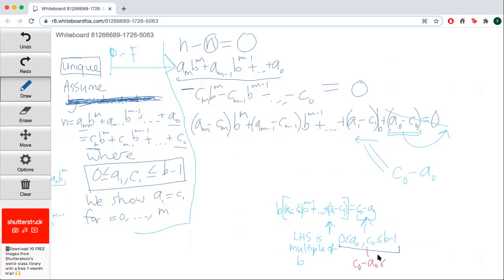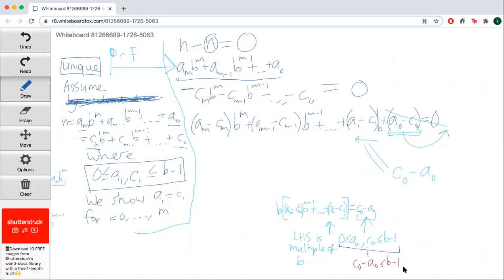That means setting C0 to be B minus 1 and A0 to be 0. So the biggest possible value of C0 minus A0 is B minus 1.